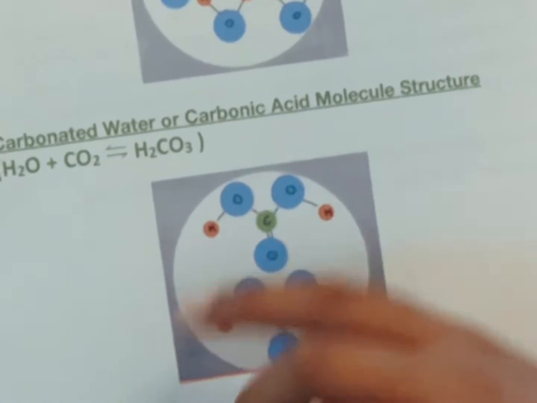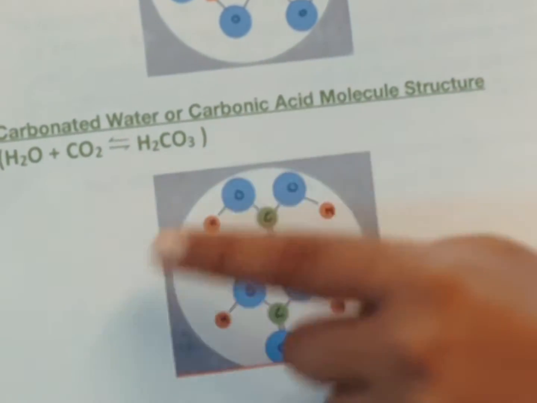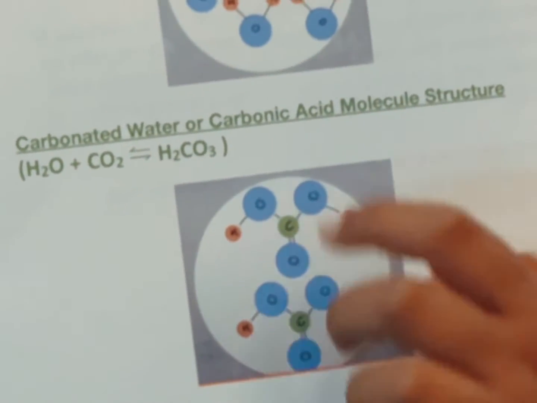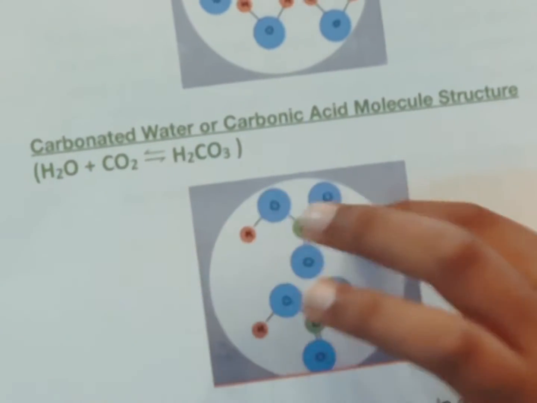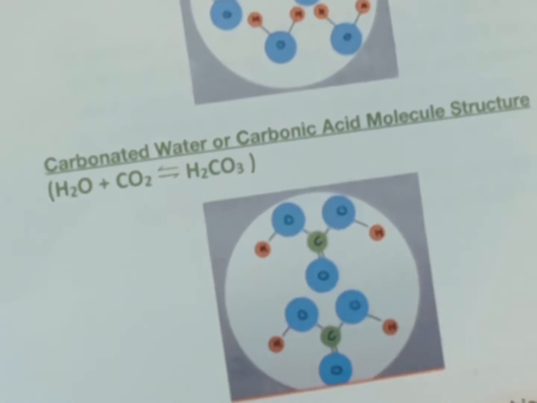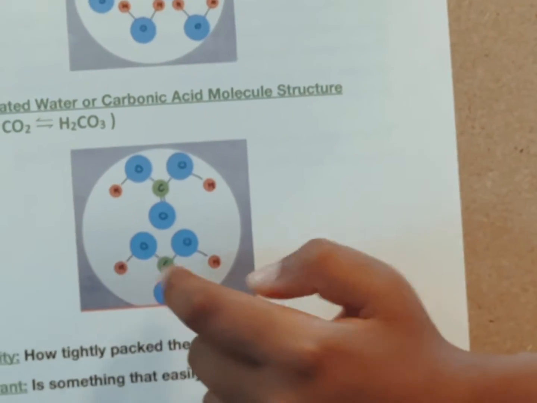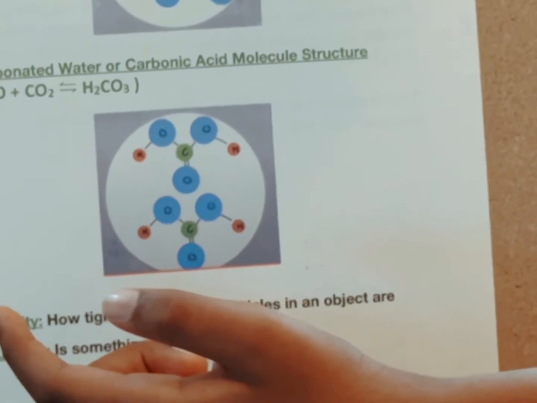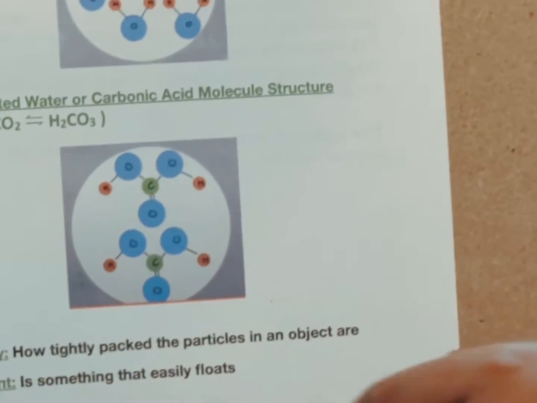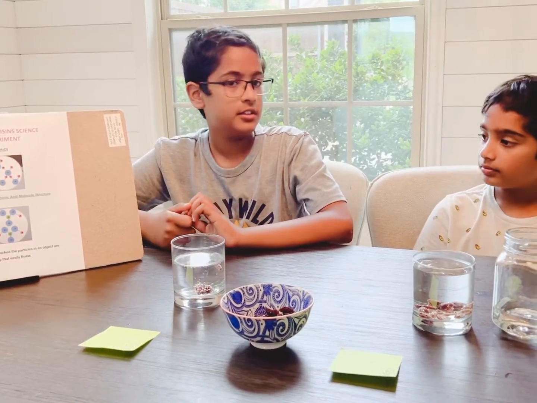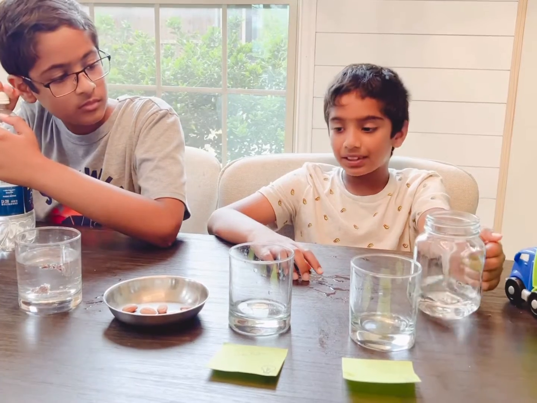So you can see in this molecule right here that it has 3 oxygen atoms, 2 hydrogen atoms, and 1 carbon atom. And once these all come together, they create carbonic acid or carbonated water. Understand it, Dan? So let's try the same thing with almonds.